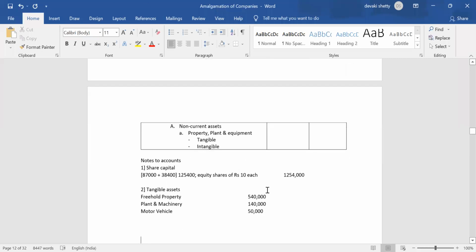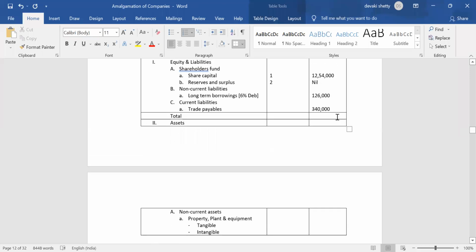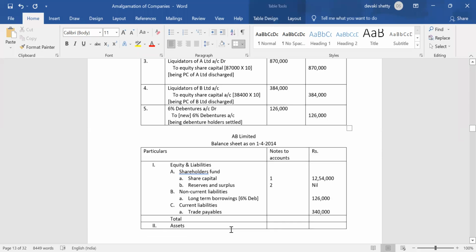Now इसको add करेंगे. We will add the 3. We get 7,30,000. So we'll write here intangible asset में we can see only goodwill.